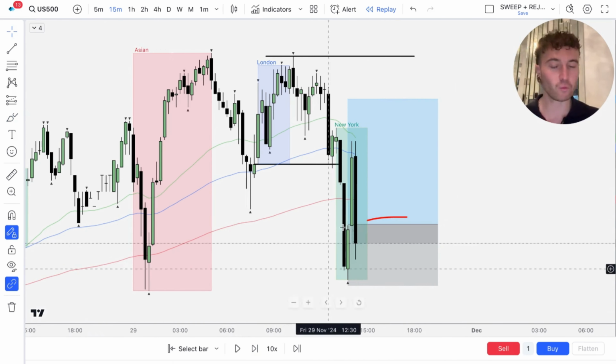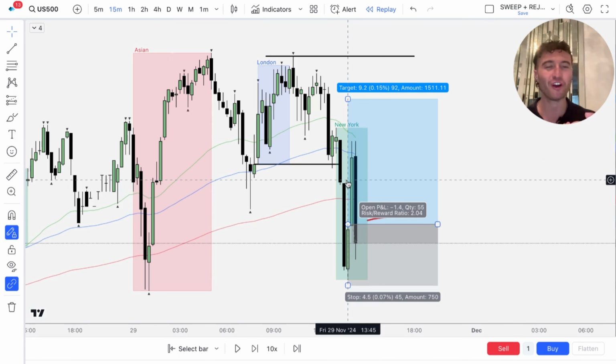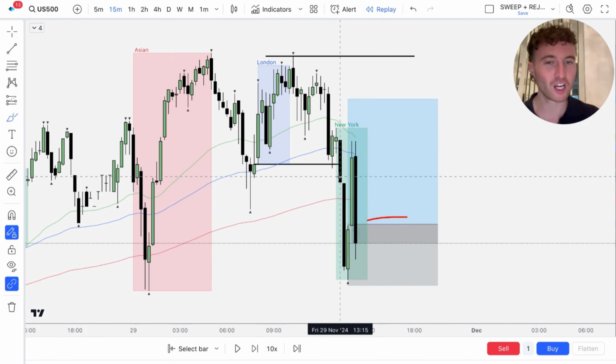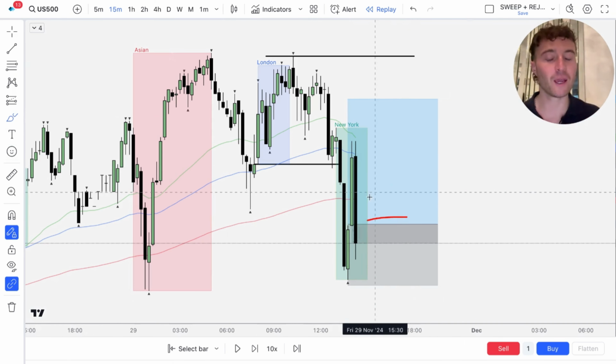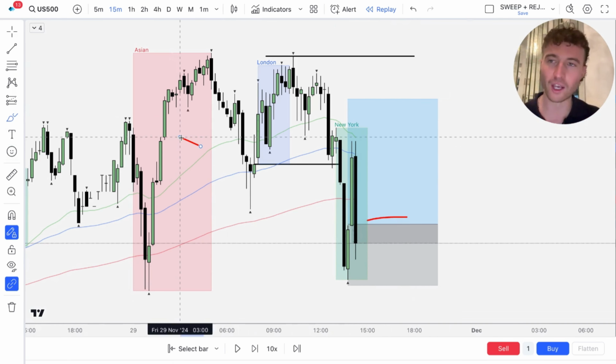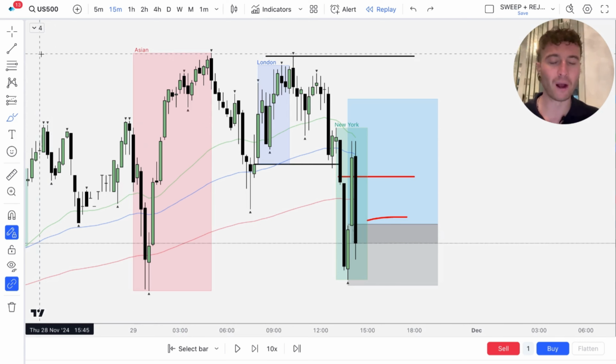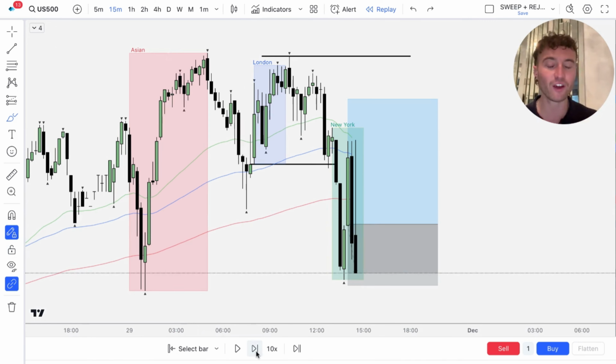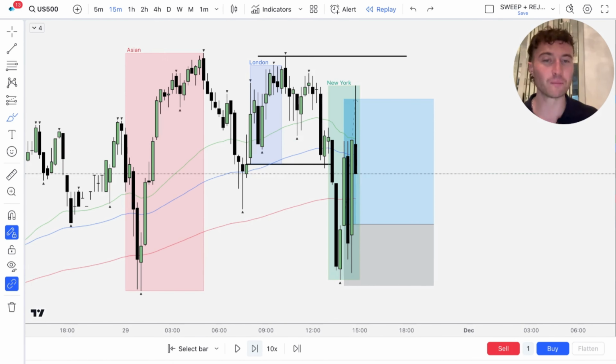We've got to be patient. This is another super important thing. You can see price pushed around a 1 to 1 and then came back to our entry. But we know from our data, from our backtesting, that we need to hold this trade either to stop loss or take profit.